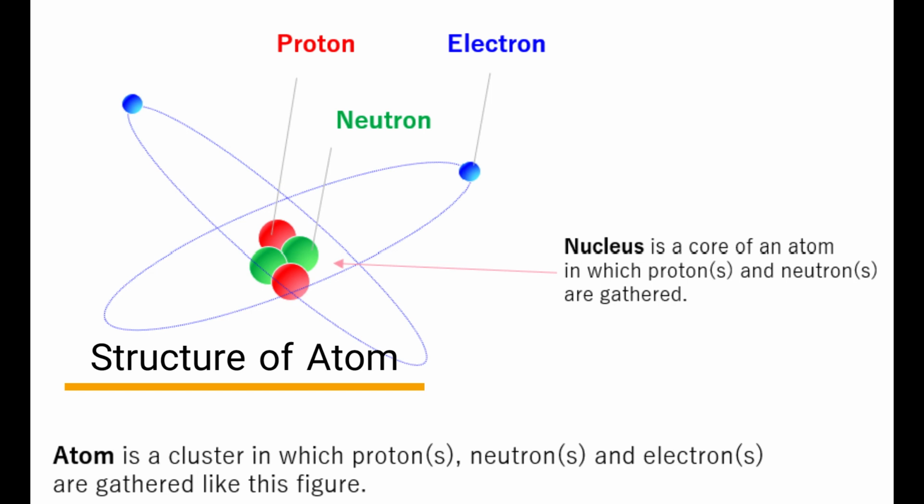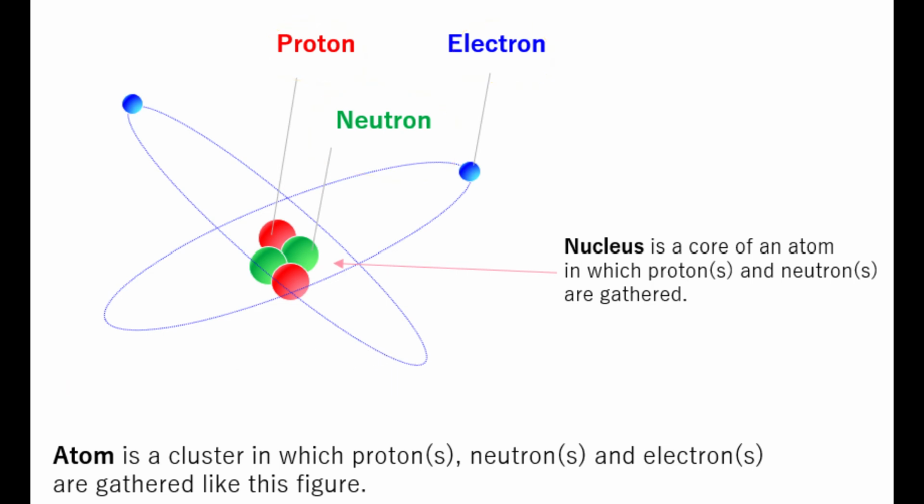As shown in this figure, the structure of an atom is made up of a combination of protons, neutrons, and electrons. The part where protons and neutrons are gathered in the center is called the nucleus. Electrons are around the nucleus.